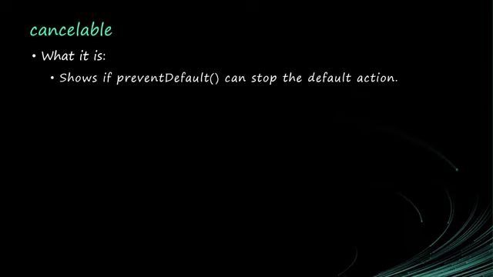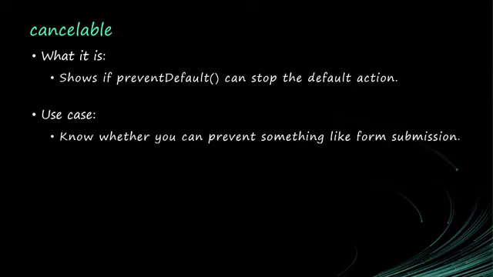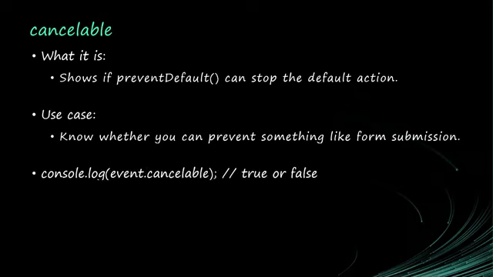So when you say cancelable, it shows if preventDefault can stop the default action. So you use it when you know whether you can prevent something like form submission. So definitely cancelable is true, because on any element at all, you can actually prevent the default behavior. So definitely it's always true.